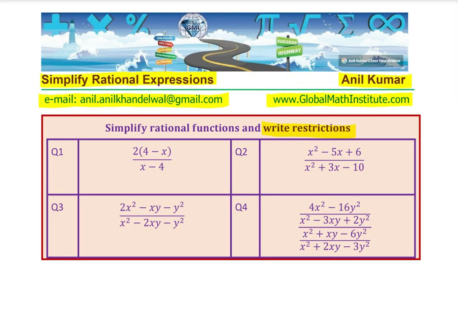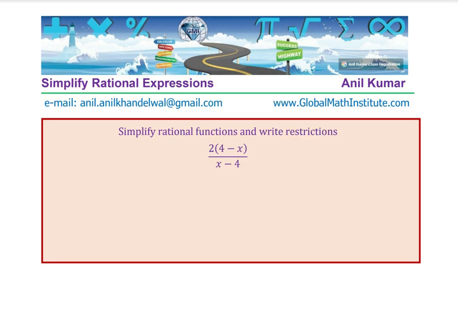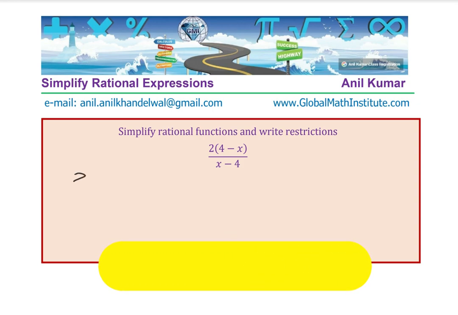Now, let us take the solution of these one by one, starting with the simplest one, which is question number 1. The expression given to us is 2 times 4 minus x over x minus 4. I've already simplified it since I want to teach you one technique.